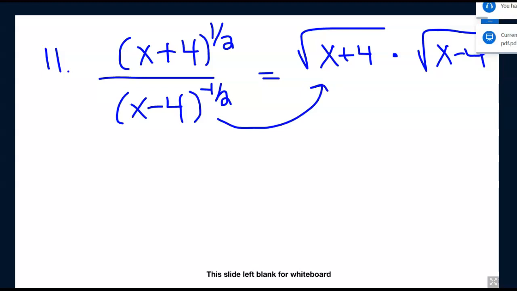But what's underneath isn't the same, so that is your answer. I guess technically you can multiply them together, but it won't simplify.